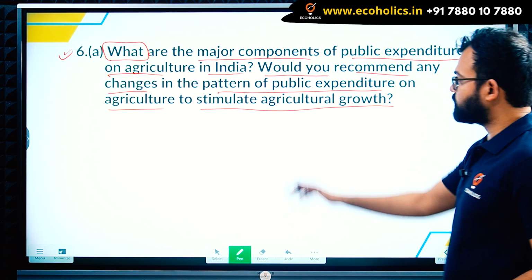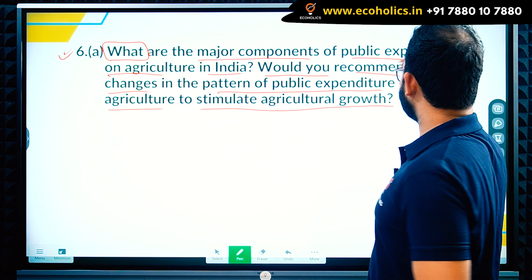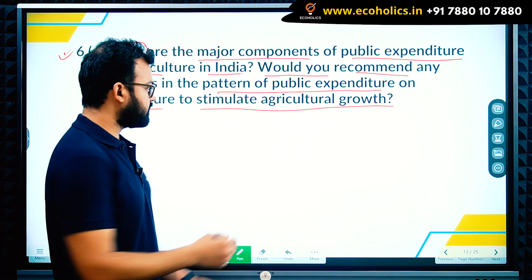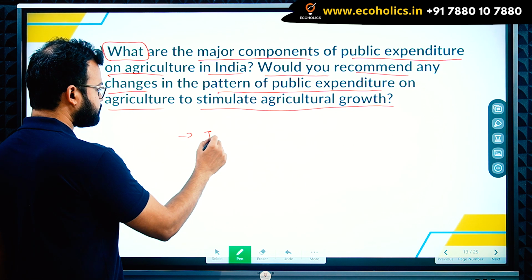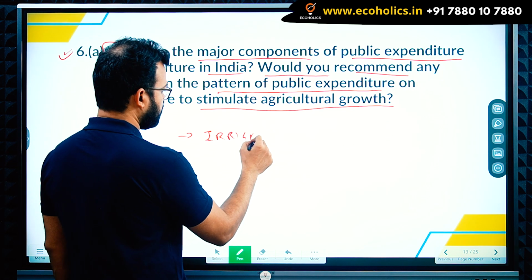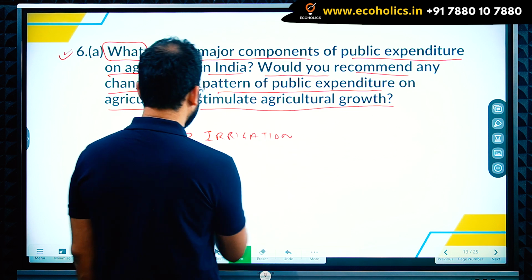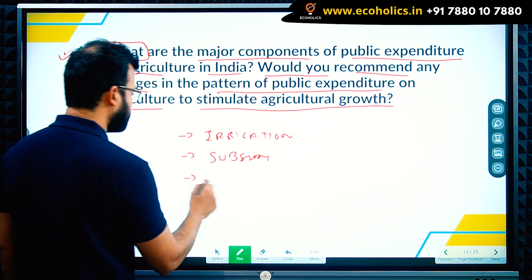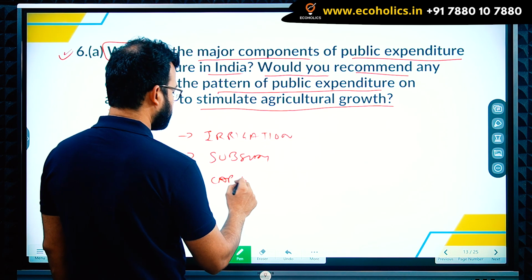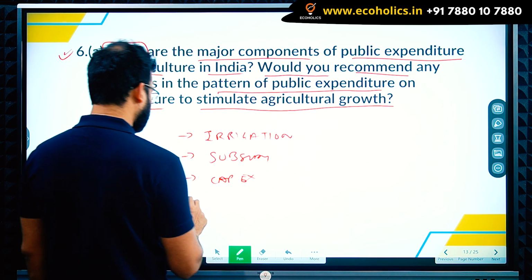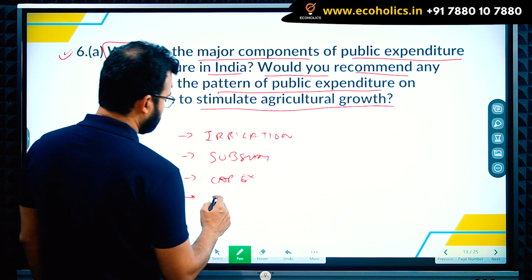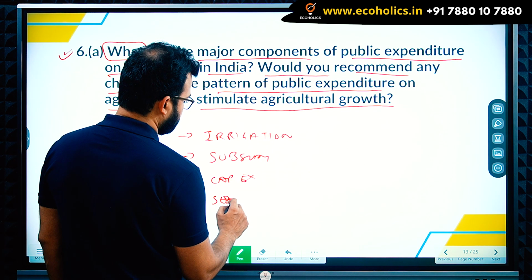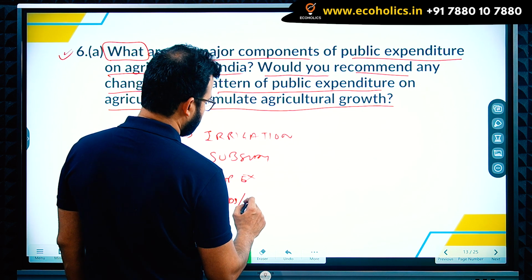So here we will see the major components of public expenditure on agriculture in India. Major components: when the government spends on irrigation; government invests in subsidy; government invests in capital expenditure, capex, as we call it; government spends on farmers' welfare, for example seeds and providing other inputs.